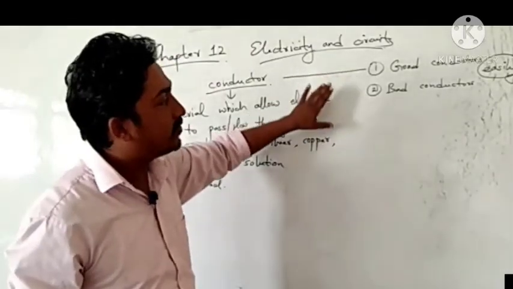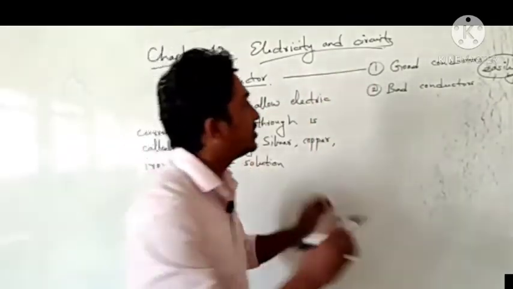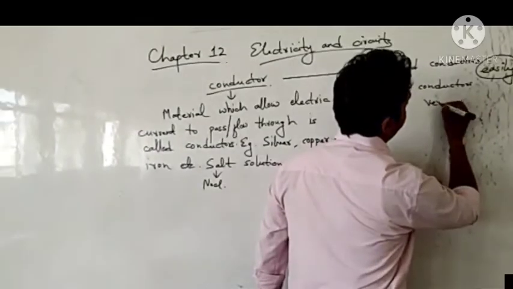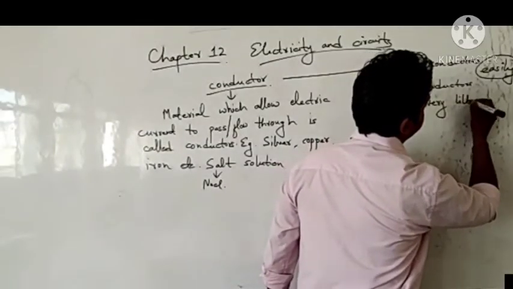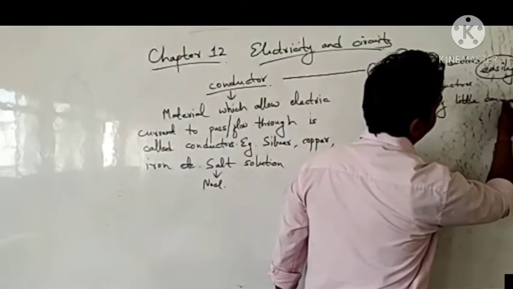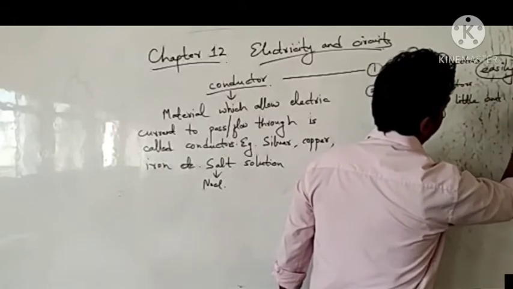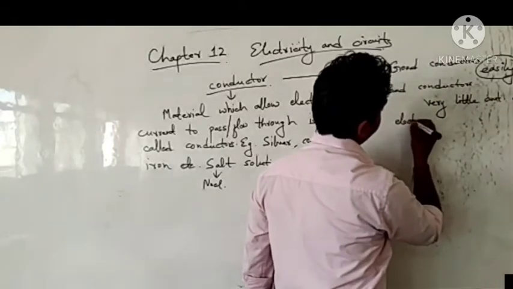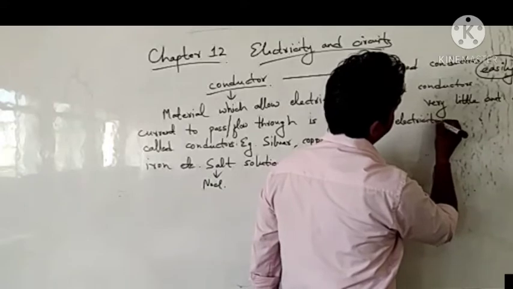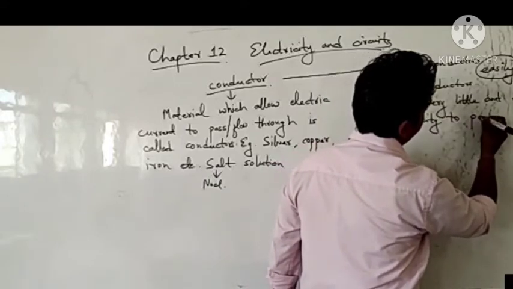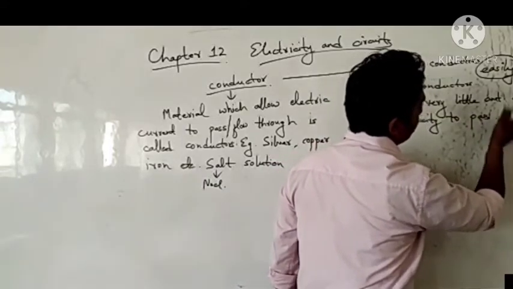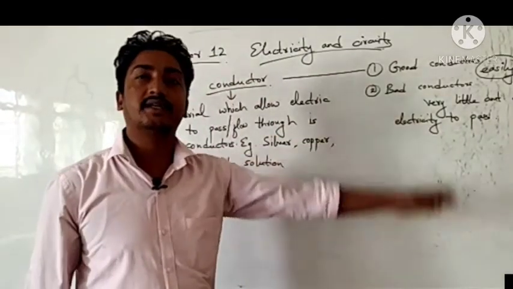Whereas materials which allow a very little amount of electricity to pass are termed as bad conductors.